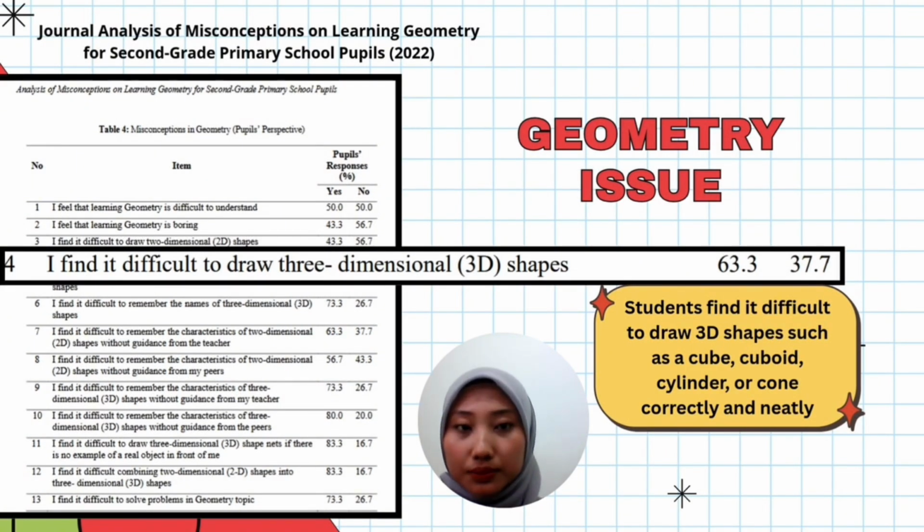According to the data, this issue is the third or fourth highest issue related to second grade primary school pupils. So this is the first issue that we are going to talk about on the next slide.